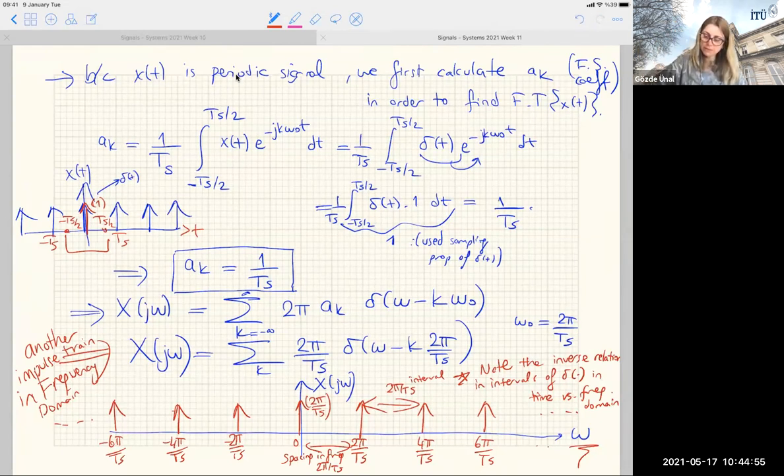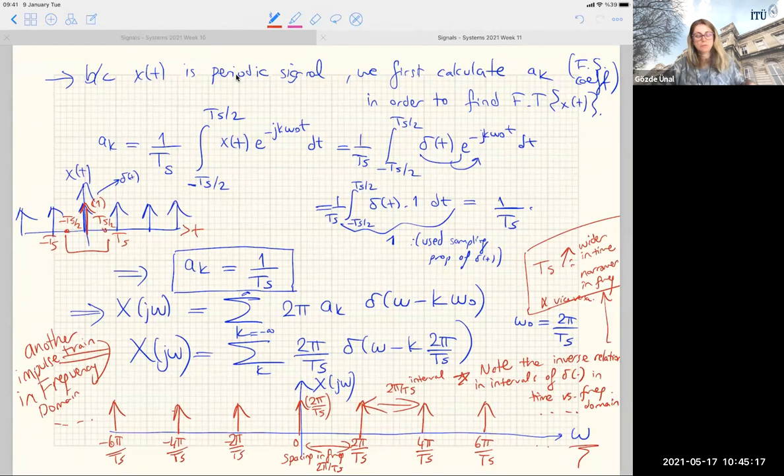This is what we are trying to say: as Ts goes up, the spacing is wider in time, but narrower in frequency. This is what I'm trying to say, narrower in frequency. And vice versa, the other way around.